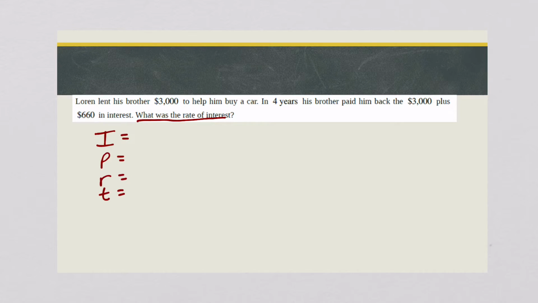So this right here is my principal amount. The $3,000 is my principal. Time is always in years. Interest, there's your I, and I don't know my R. So 660 is my I. My P is 3,000. My R I don't know, so I'm going to leave it as R, and my time is 4 years.